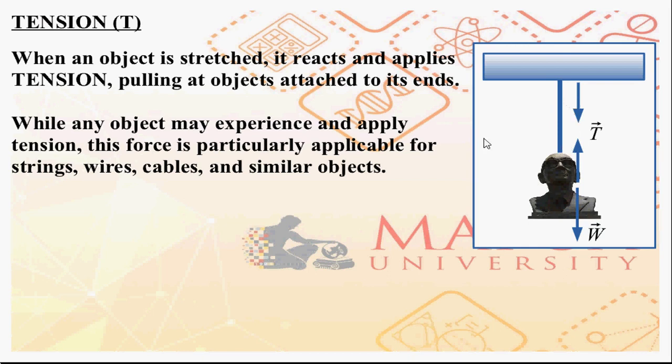At its ends, it will pull with tension T. At one end, it will pull on the ceiling downwards with tension T, and at the other end, where the object is tied and suspended, it will pull upward with tension T. The orientation of the tension force is always parallel with the orientation of the string, rope, or wire.